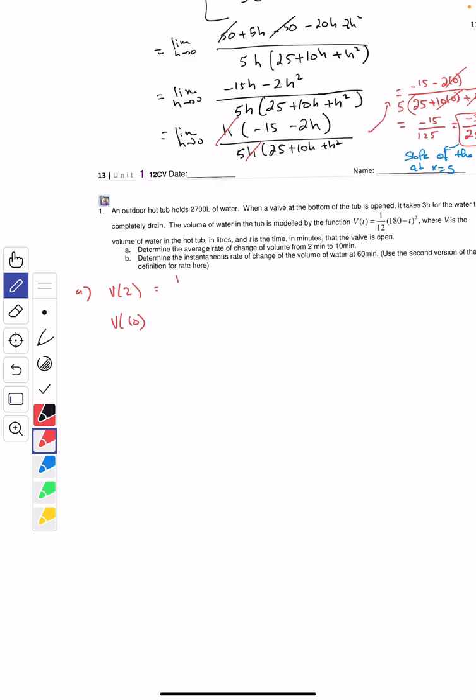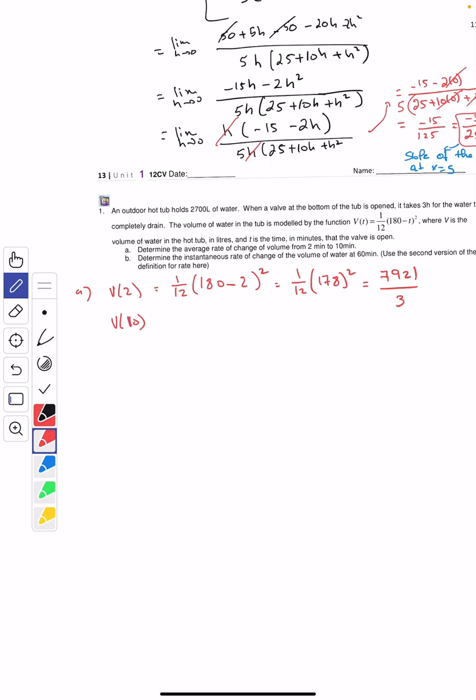And that's going to be 1/12 of (180 - 2)^2. So that's 1 over 12, 178 squared. I'm going to leave it in fraction, and that's going to give me 7,921 over 3.